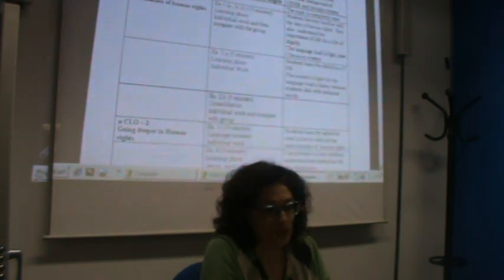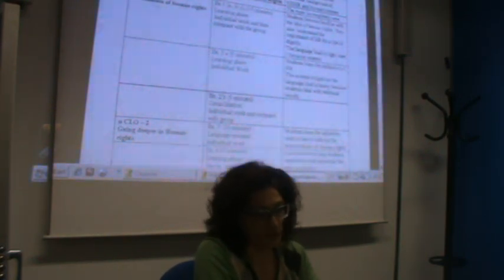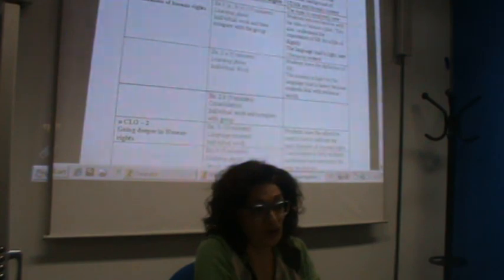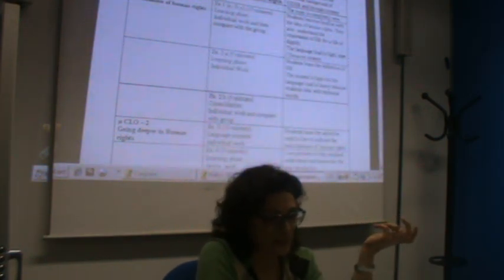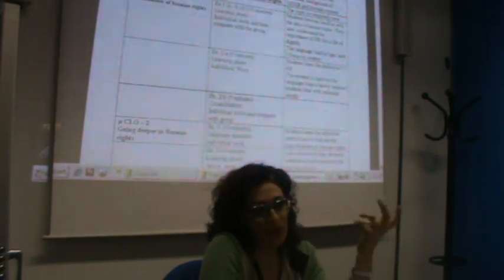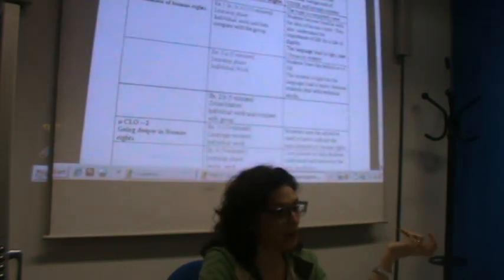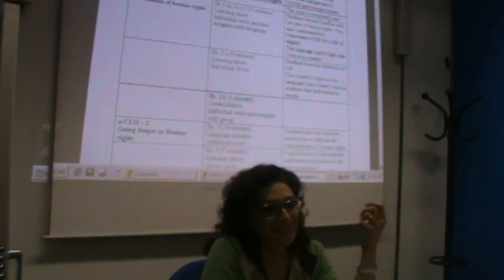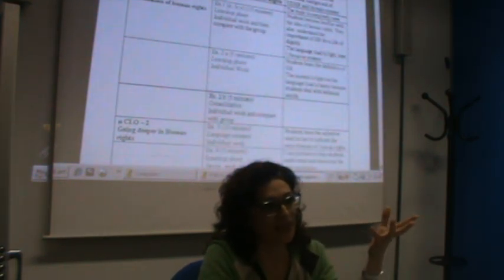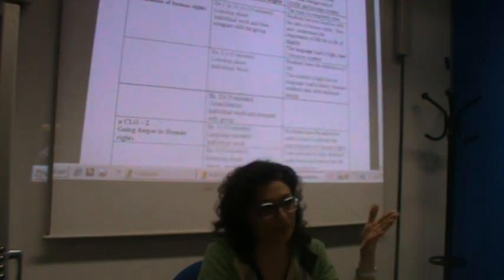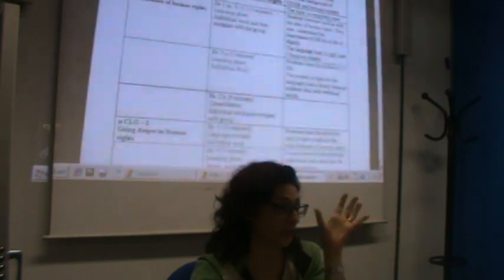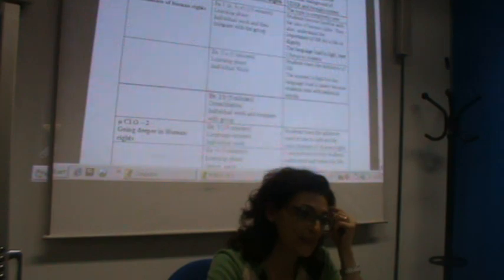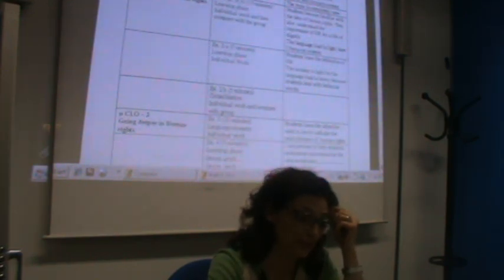And here I had my first problem, because my first attempt was a complete disaster, because I thought that the idea of human rights was intuitive, so everybody knows what human rights are, but in fact they cannot define them, and it is important for a lawyer, for someone who studies law, to give a definition of the things we're studying. And so I had to think of an exercise for giving my students the definition of human rights.